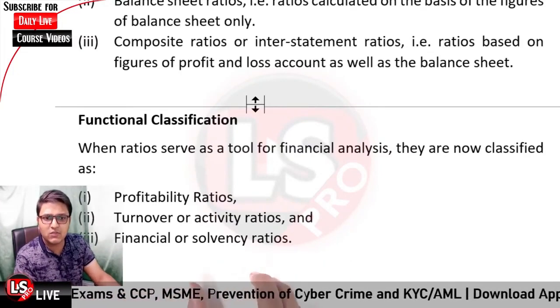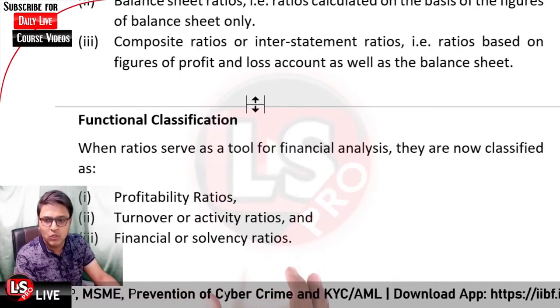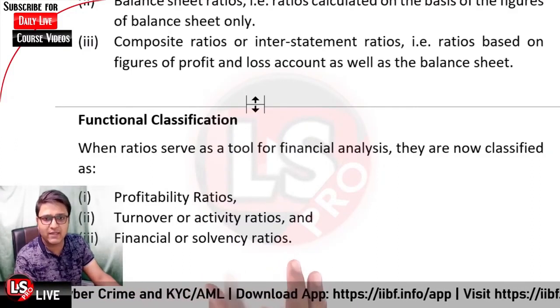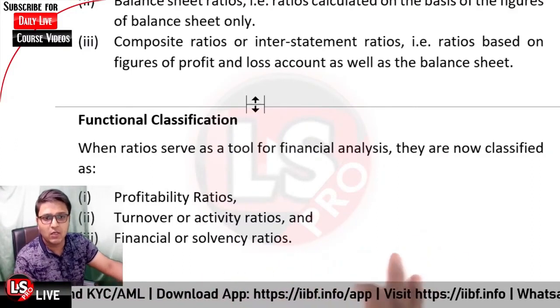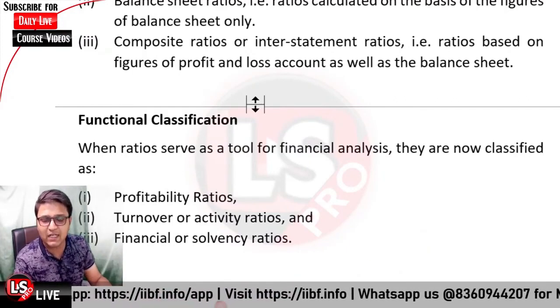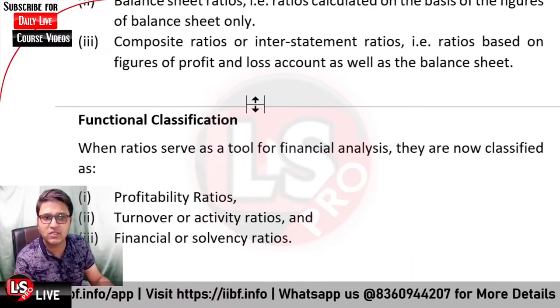And further, in the case of the financial or solvency ratios, when the banks are to give credit, or when other entities are to extend credit to the company, in that case particularly, it is very important to know whether the particular company is going to sustain or not.